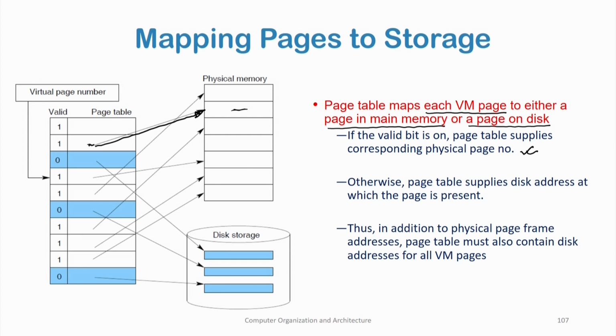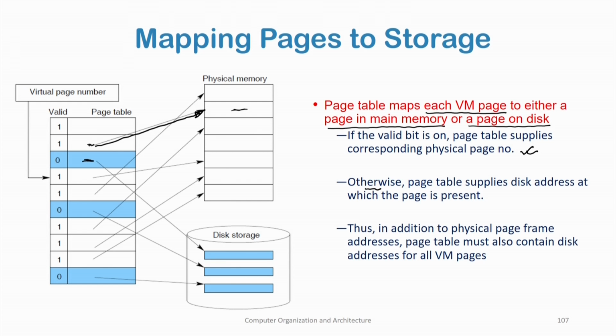Otherwise, that is, if the valid bit is off, the page table supplies the disk address. So, the page table must contain not only the physical page frame number, it must also contain the disk address of the page. Now, when is this used? For example, when the valid bit is 0, this particular page is not present in physical memory, so this page must be brought from the disk.